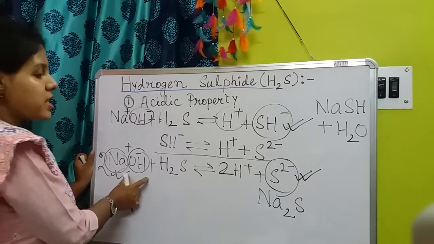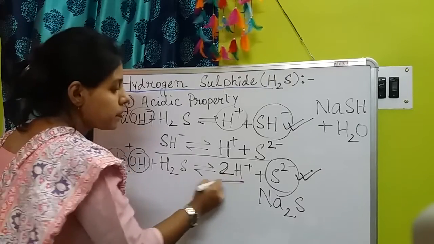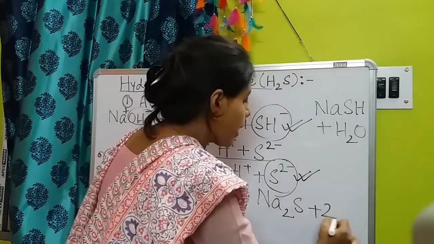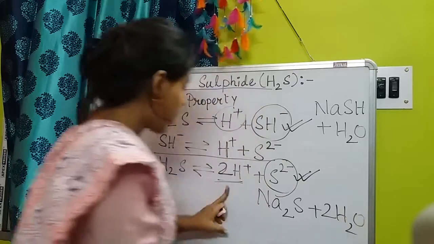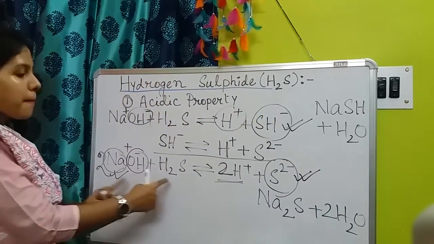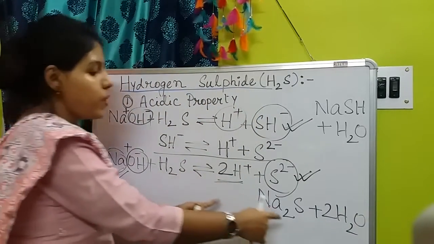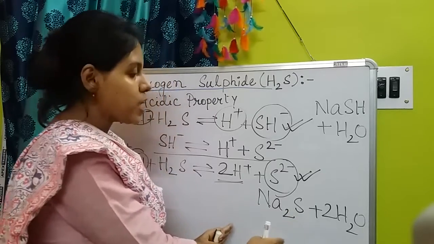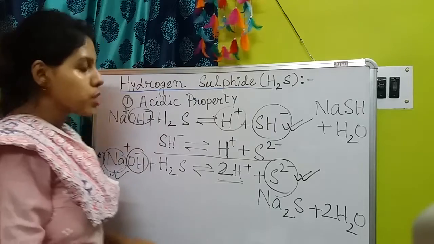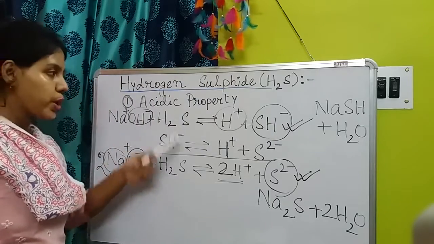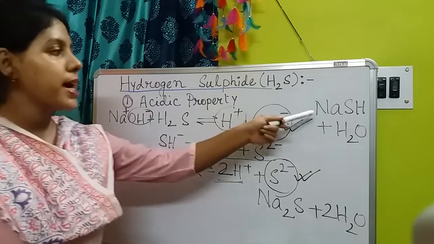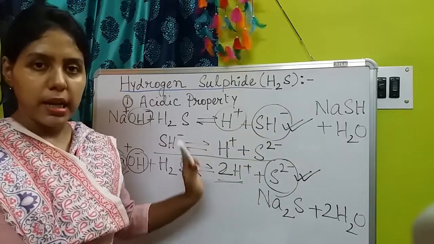So 2 OH minus will combine with 2 H plus, making 2 H2O. So 2 NaOH plus H2S react to form the salt sodium sulfide, Na2S, plus 2 molecules of water. Due to the acidic property, whenever they react with a base, they make a salt and water. Clear up to this one?